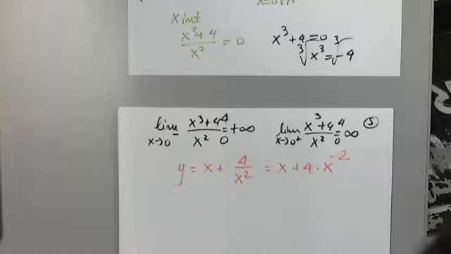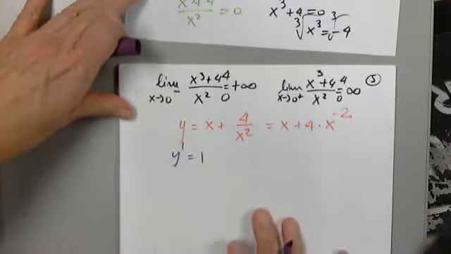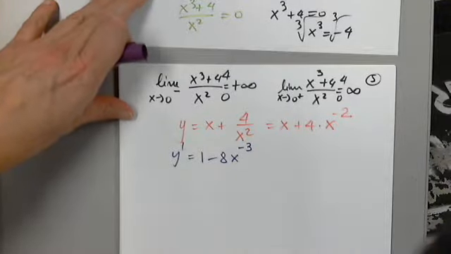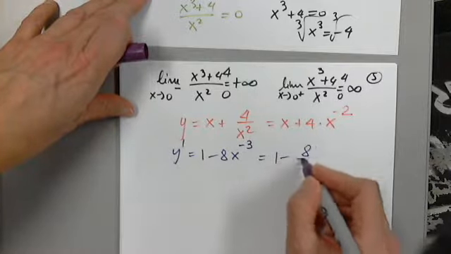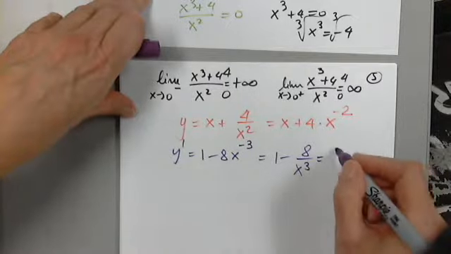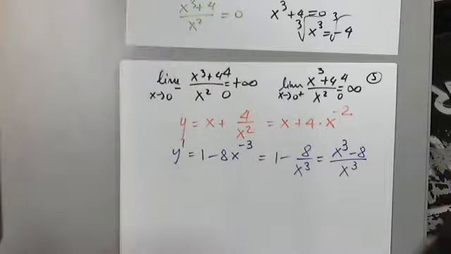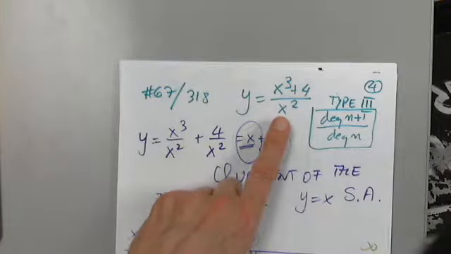So y prime equals 1 minus 8 x to negative 3, or 1 minus 8 over x cubed, or x cubed minus 8 over x cubed. I hope you agree in this situation, much easier than differentiating that ratio.